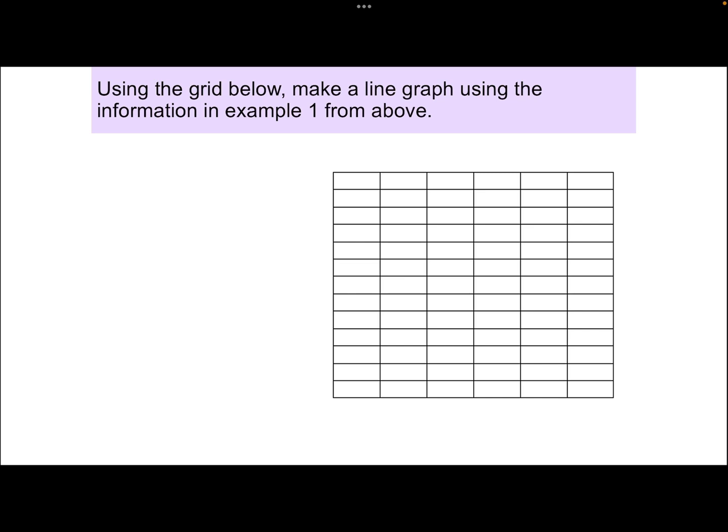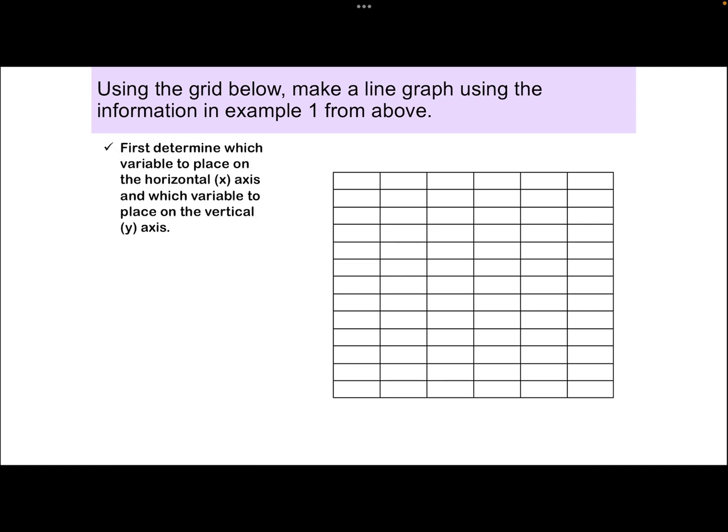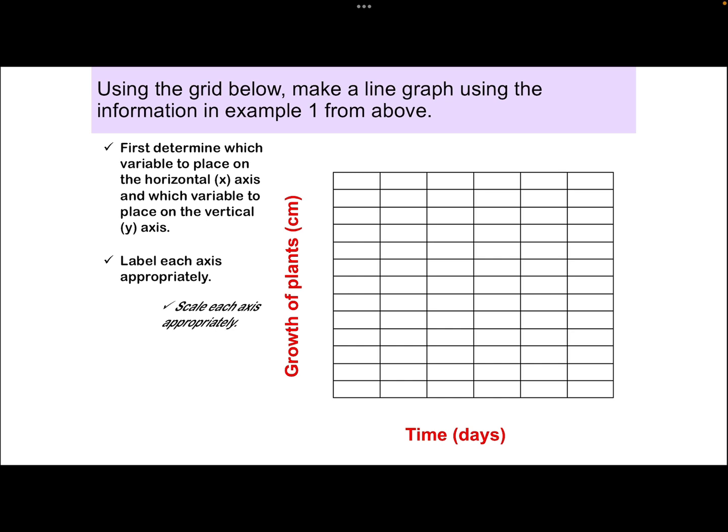Using the grid below, or what is on your paper, make a line graph using the information in example 1. First, determine the variable to place on the x-axis and which variable to place on the y-axis. Label each axis appropriately.